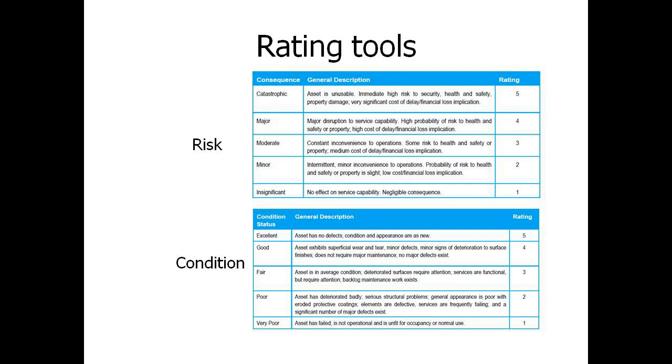That way it'll identify to us when we look at the structure in its entirety, where are the real problem areas that we really need to focus our resources, our time, our money? And what are the areas that are likely to cause us problems that we need to then start to project plan decommissioning parts of the building or the asset while repairs are carried out? And how can we work around that? How can the asset still keep functioning when it's only functioning at 80% capacity? So risk and condition rating is really important part of the assessment of the building.